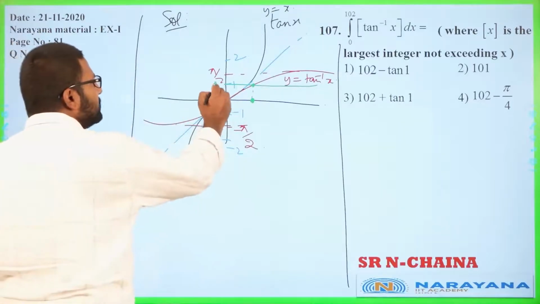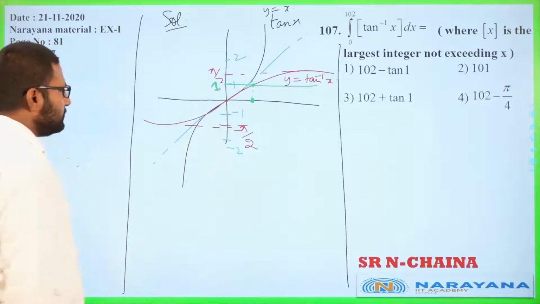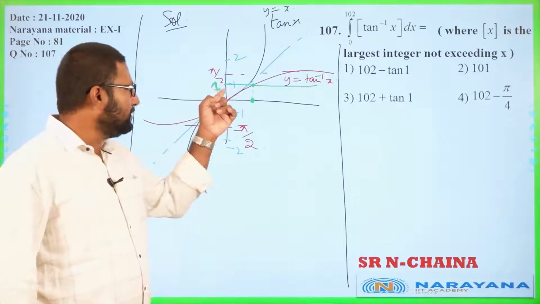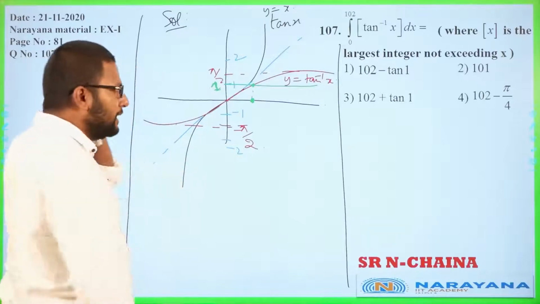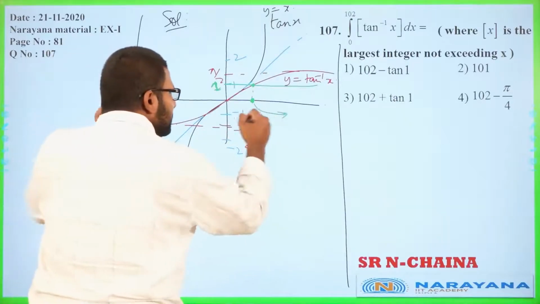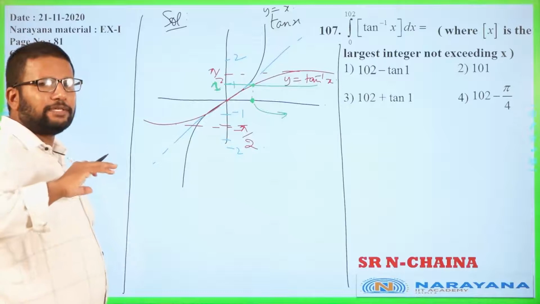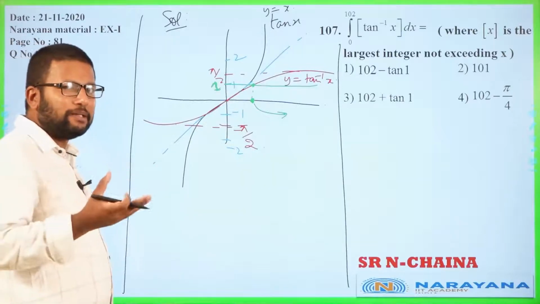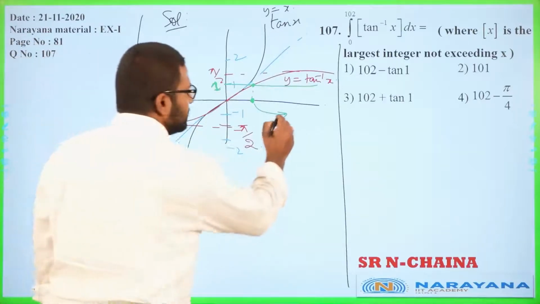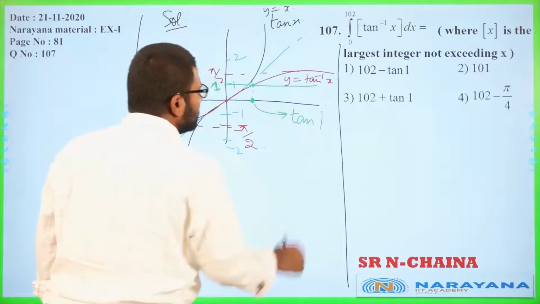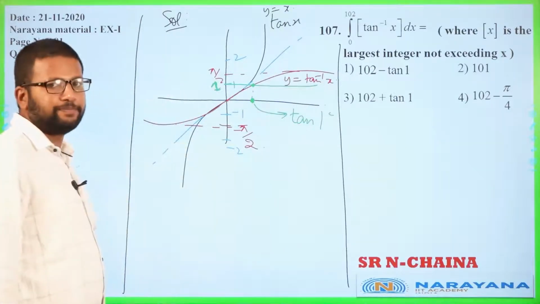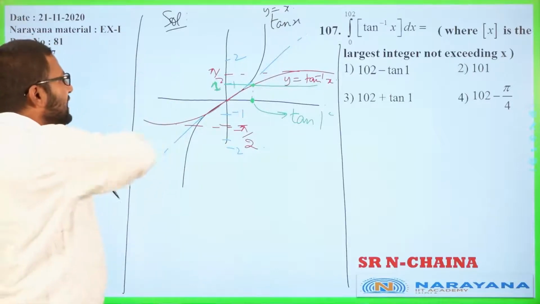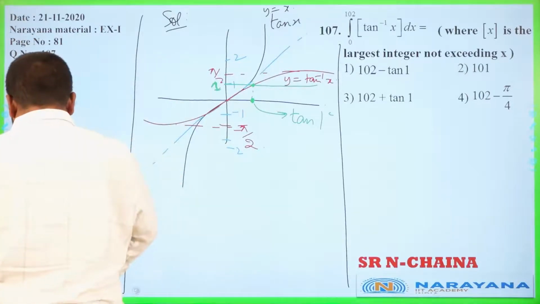If this value is 1, this value, tan inverse something is 1. Think about that. What should this value be? Tan inverse of x is 1, therefore x is tan 1. This is tan 1. What do you mean tan 1? Tan 1 radian.